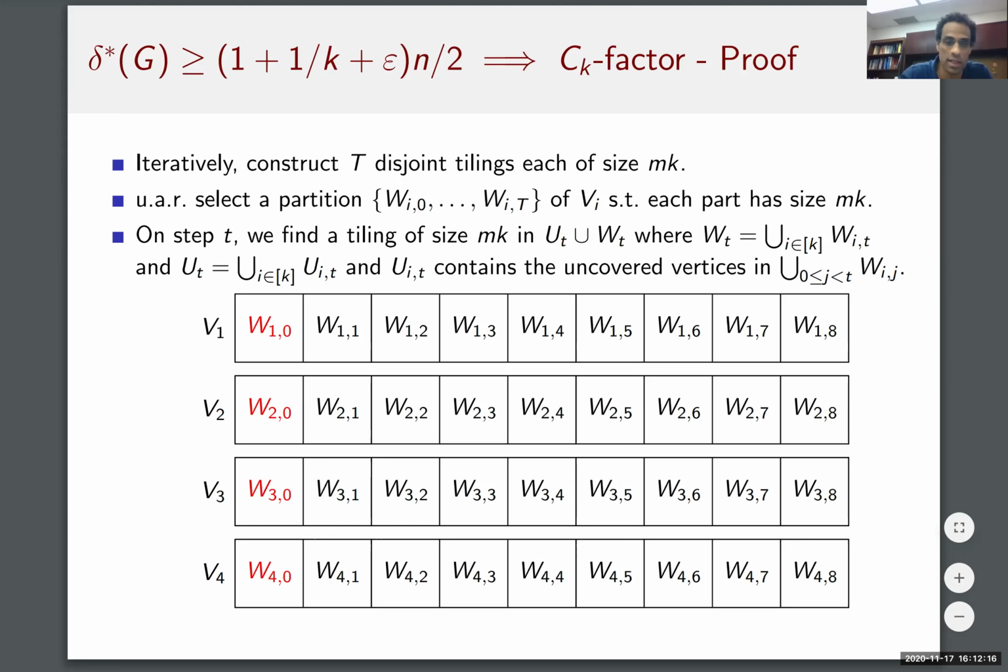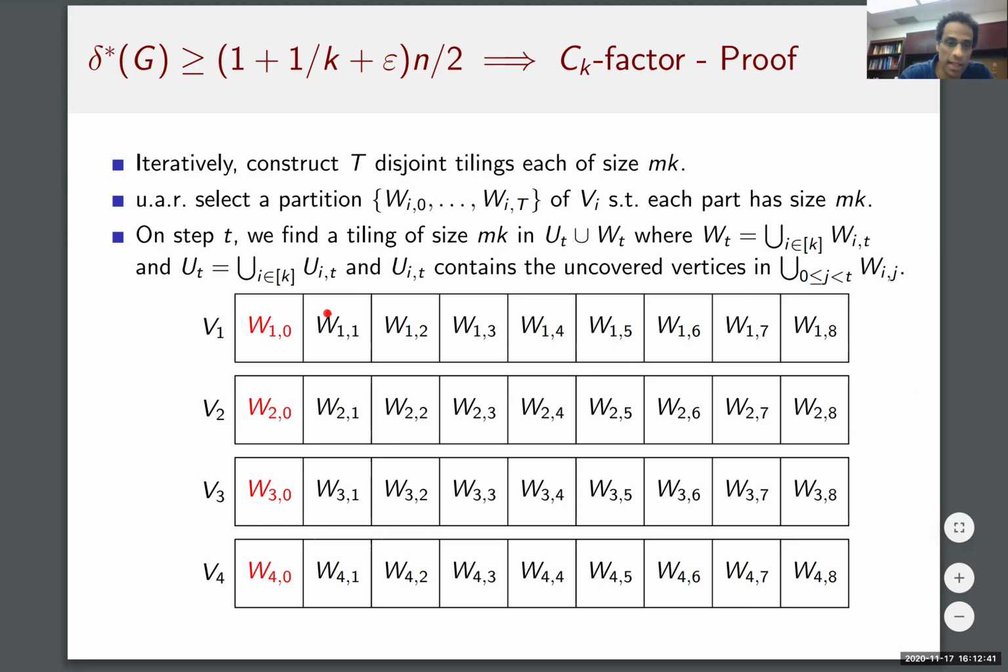In here, if I wanted to cover everything, I'd have to find 2mk transversal C4s. But I'm just going to cover half of it. I'm going to just find mk C4s. Okay, so let's say I could do that.